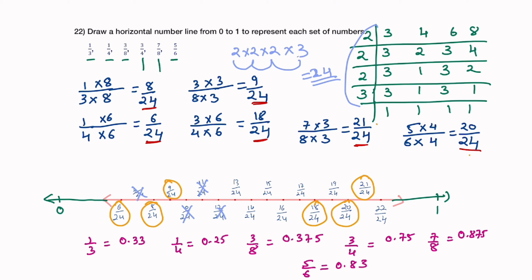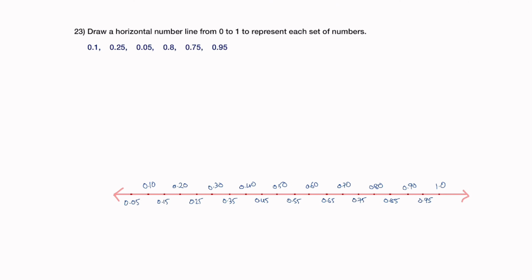Okay, ready for the next one now? It says draw a horizontal line from 0 to 1. So extend this further, it's 0.05, right? So 0 is somewhere here and 1 is already marked up. And these are all decimal numbers, easy to mark them, right? So 0.1 is here, 0.25, 0.05, 0.8, 0.75, and 0.95.